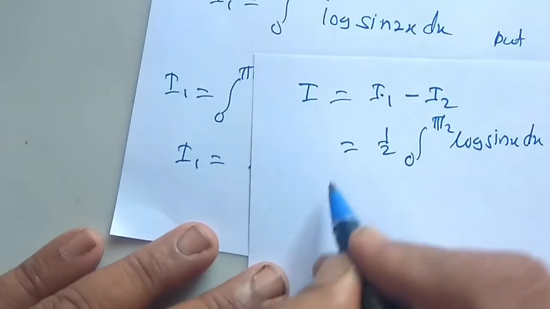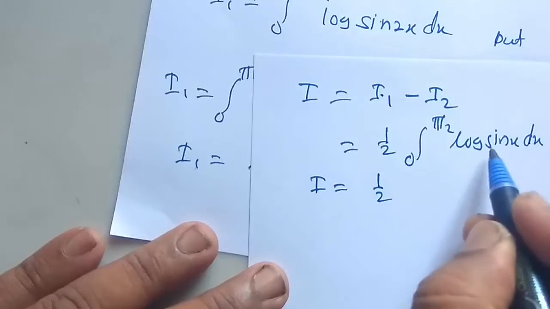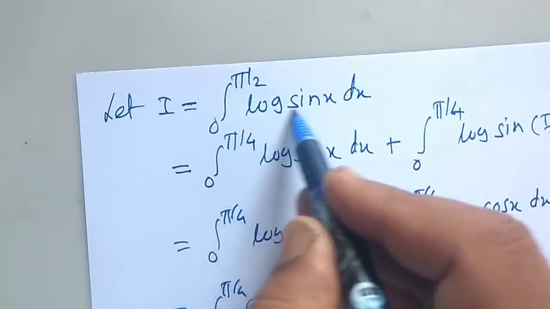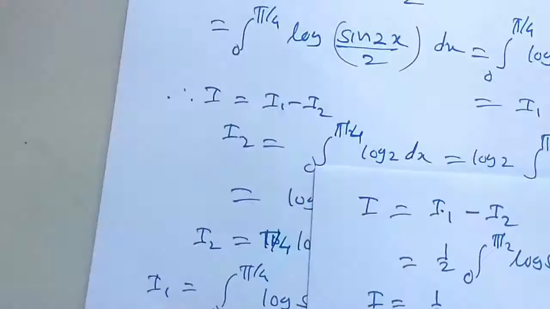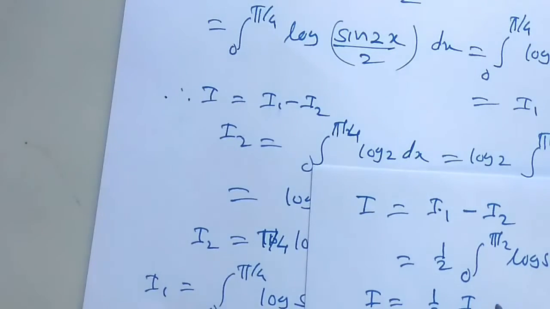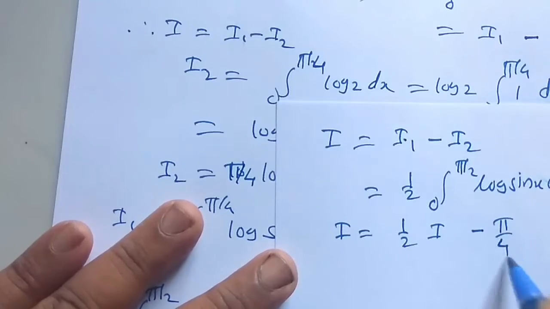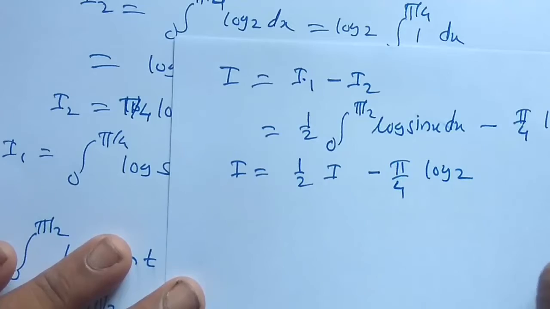Therefore I is equal to 1 half. It is I, because we have taken 0 to pi by 2 log of sin x dx from 1. So it is I minus pi by 4 into log of 2 from equation 1.